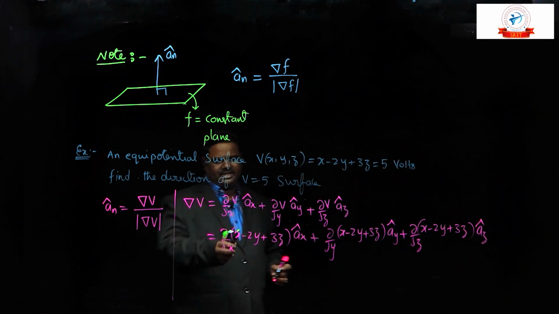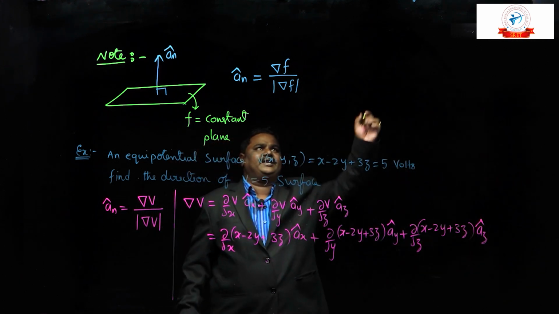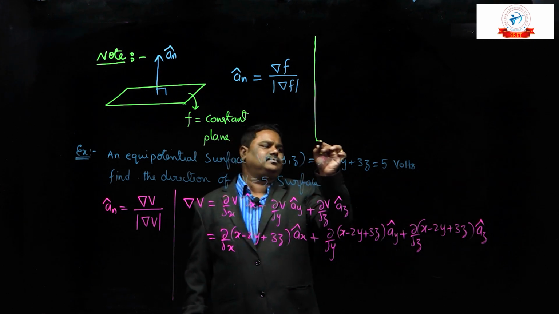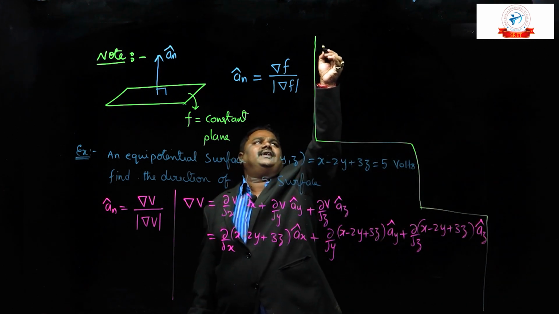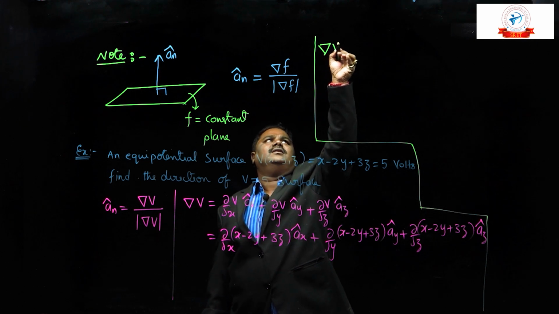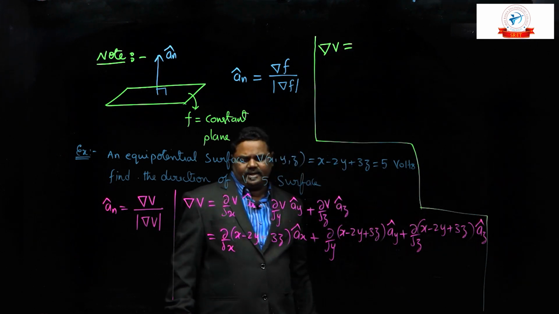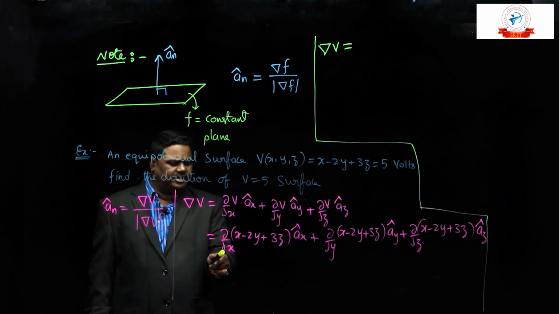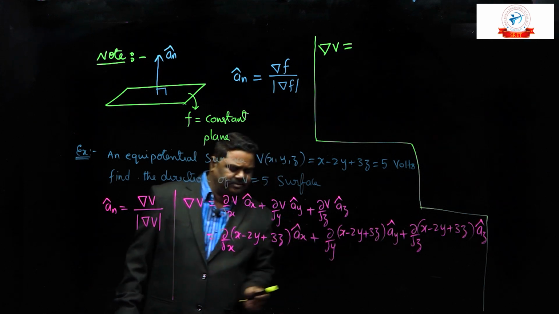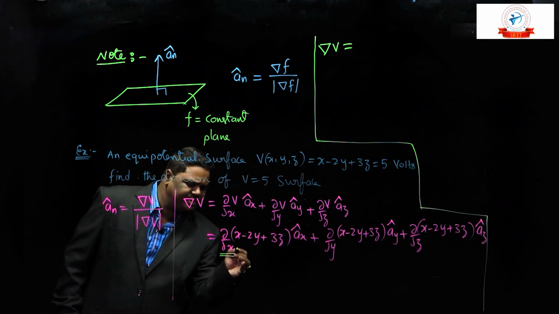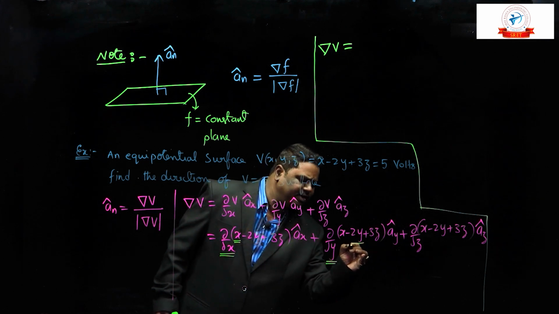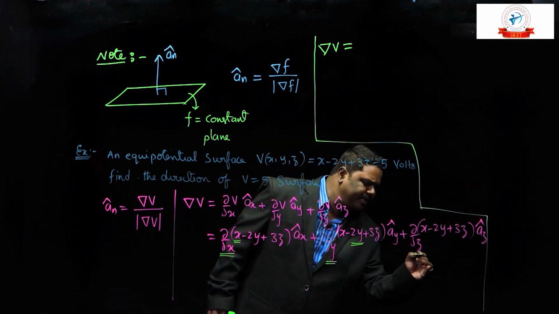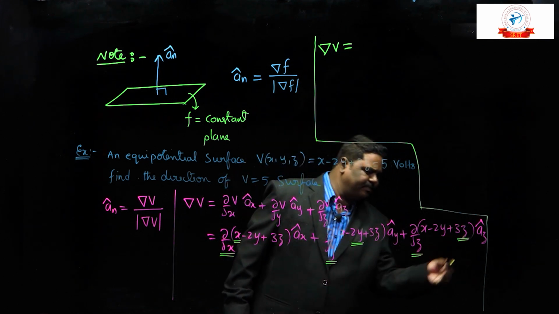Now, let us evaluate this equation. The gradient of V is equal to, here all the differentiations are partial differentiations. That means dou by dou x differentiates only the x term, dou by dou y differentiates only the y term, and dou by dou z differentiates only the z term.